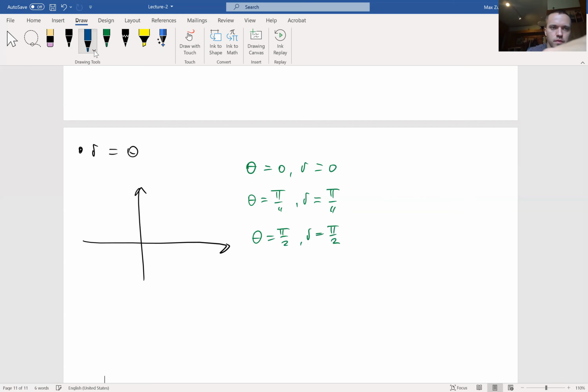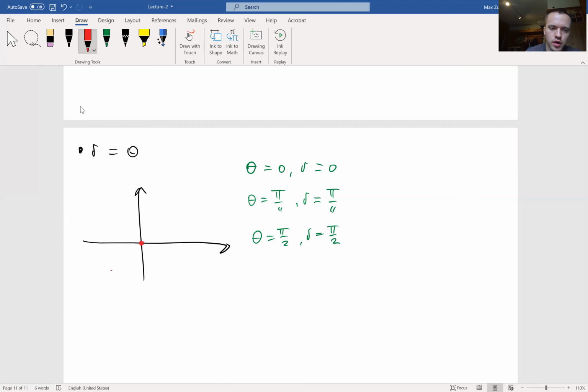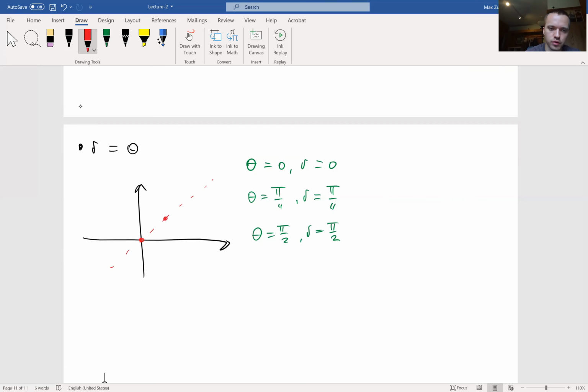So in other words, when we have 0 angle, we have 0. When we have pi over 4, my r is going to be along this red line, so I'm going to have a distance of pi over 4.